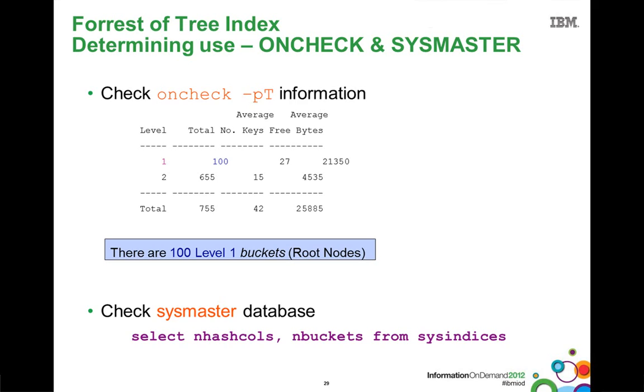Where do you find out how many buckets and the hash columns? That is in the sysindices table. There are 2 new columns called nhashcols and nbuckets, which represent how this new Forest of Trees index was created.